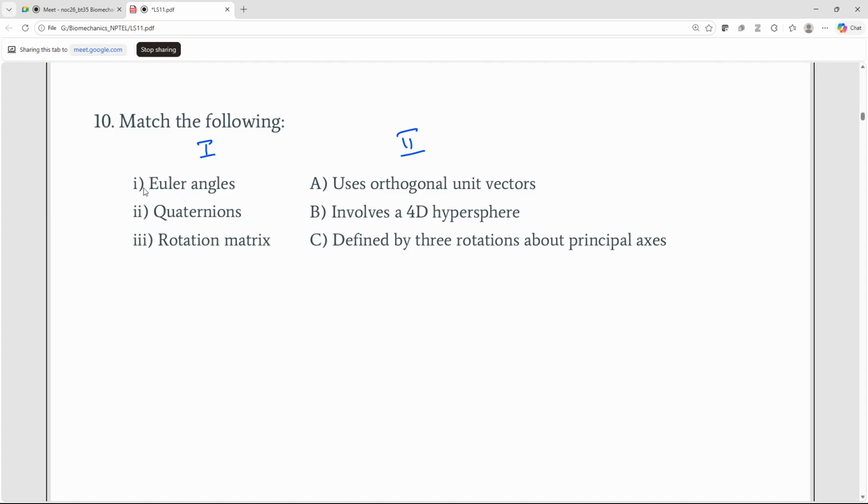You can answer with the options for 1, 2, and 3 in order. Try to match the following: Euler angles, quaternions, rotation matrix with uses orthogonal unit vectors, involves a 4D hypersphere, defined by three rotations about principal axis.